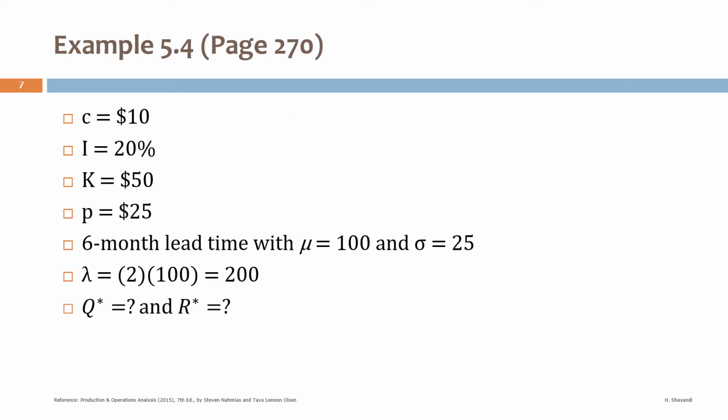Okay, so here we have example 5.4 from the textbook, page 270. I will solve this example in our live session on Tuesday, but you may try on your own to see if you can solve this question by following the iteration solution procedure that we have learned so far.